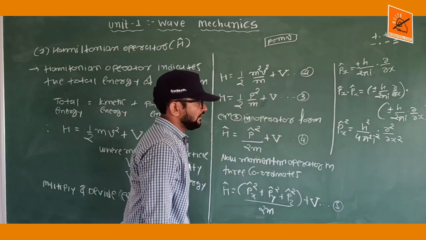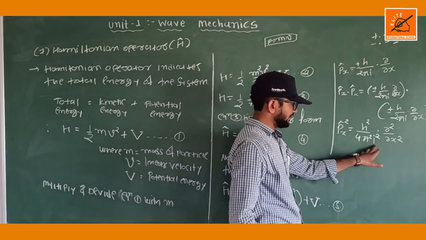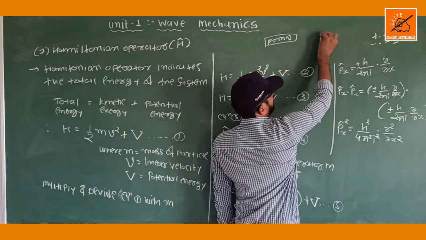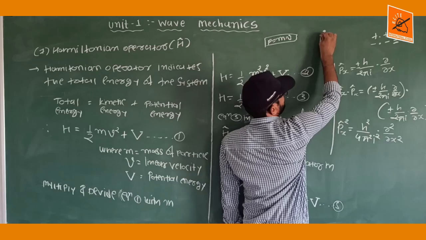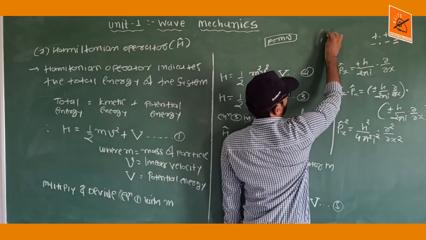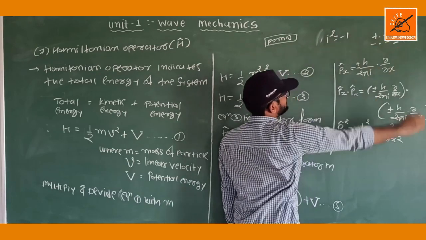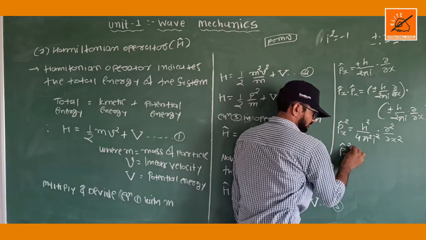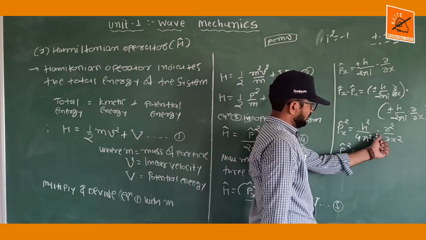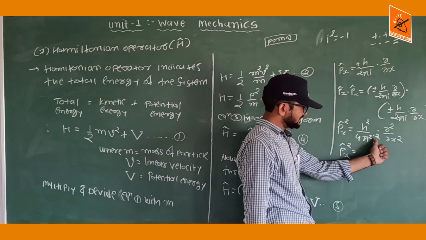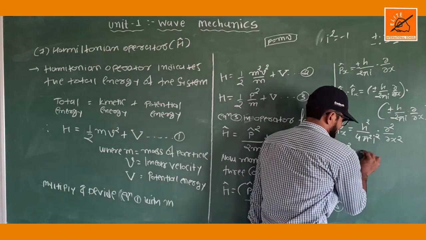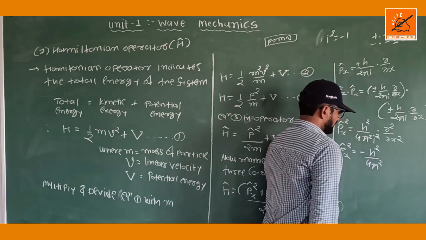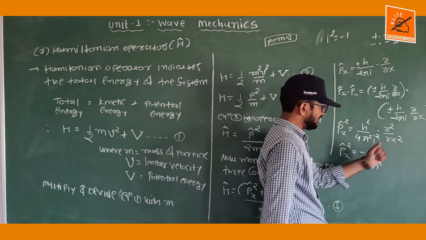Now we know that the value of i square is equal to minus 1. So the value of px square is equal to minus h square upon 4 pi square into del square upon del x square.